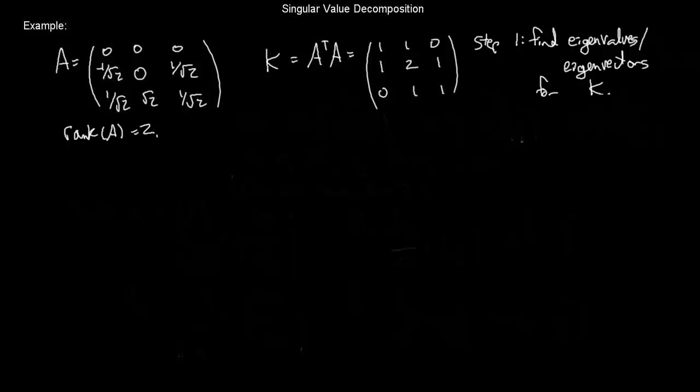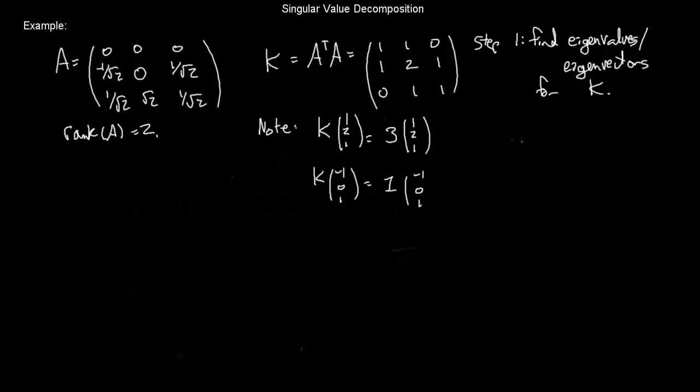You can check for yourself that K times the vector 1, 2, 1 is a multiple of 1, 2, 1, and the multiple is 3. It's 3 times 1, 2, 1. And similarly, K times minus 1, 0, 1 is 1 times minus 1, 0, 1.